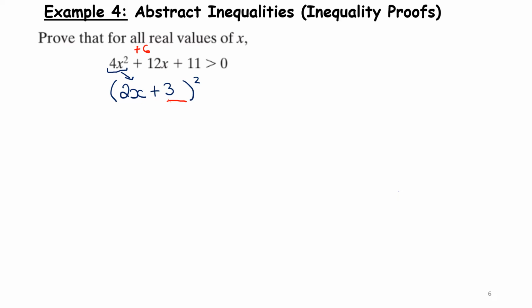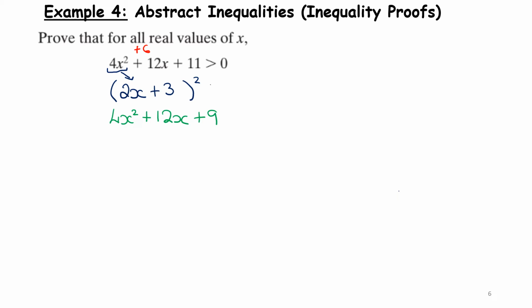Now, while you're getting used to that, always double check what your bracket has given you. So 2x squared gives me 4x squared. 2x by 3 is 6x and double it, so that gives me my plus 12x. So that's perfect. And when I square the last, I get a plus 9. Now, I actually have a plus 11 in my sum, but my bracket has only given me a plus 9.